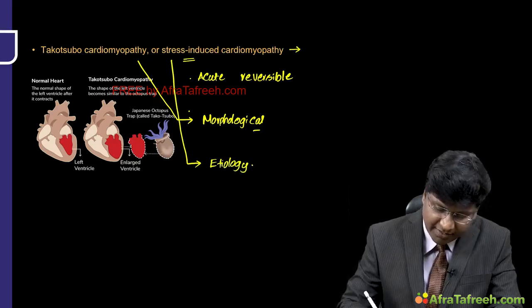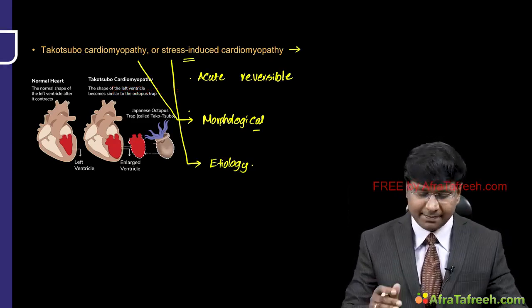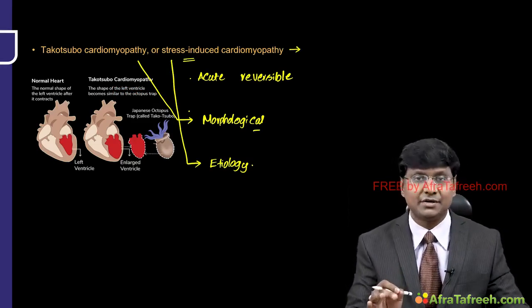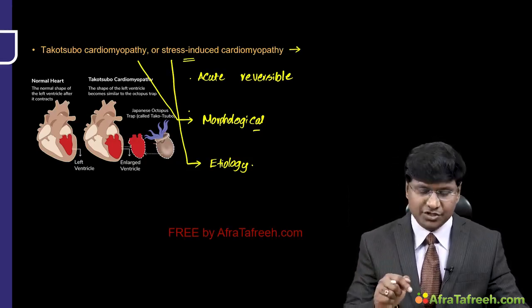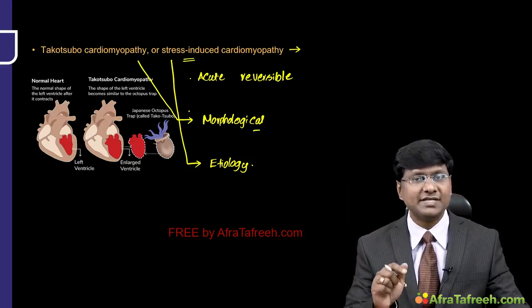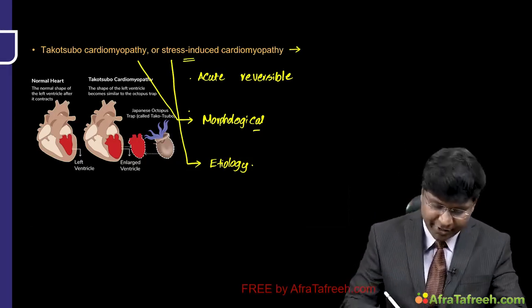So one terminology is given based on the morphological appearance and the other is given based on the etiology. That means stress is the one which will induce the development of this Takotsubo cardiomyopathy.